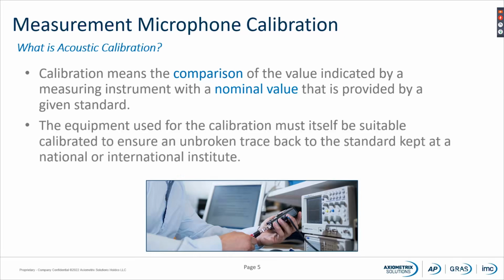The equipment used for the calibration must itself be suitably calibrated to ensure an unbroken trace back to the standard kept at a national or international institute. So the equipment we are using for calibration must be traceable back to a given standard, either at national or international level.